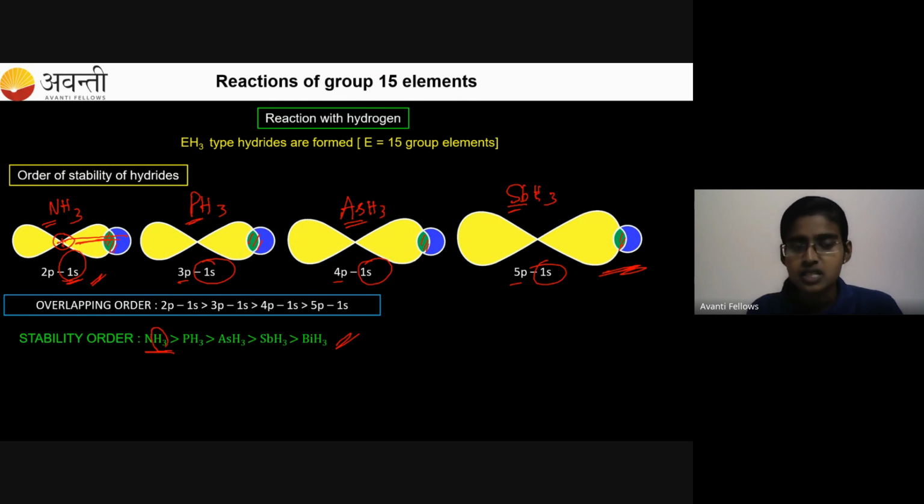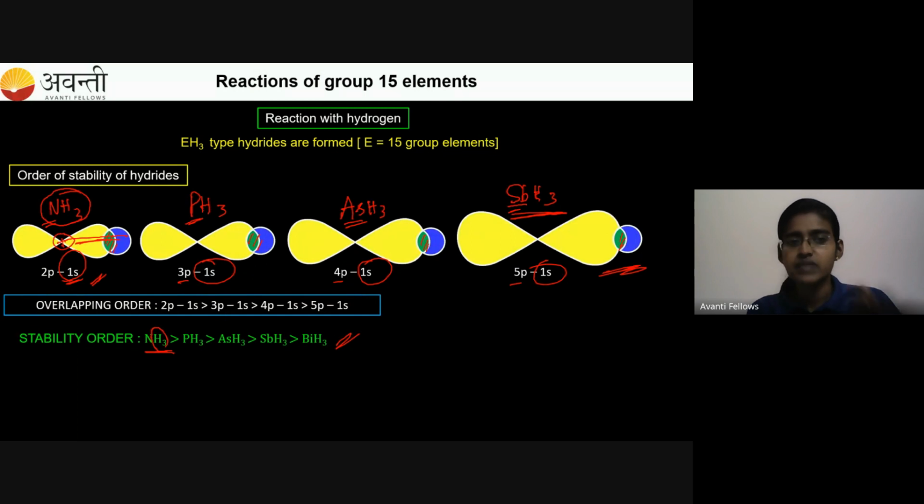So what happens? The N-H bond in NH3 is more stable compared to the Sb-H bond in SbH3. Since the bond is stronger in NH3, it is very difficult to break that bond, so we can say it is more stable. It is very difficult to disturb.